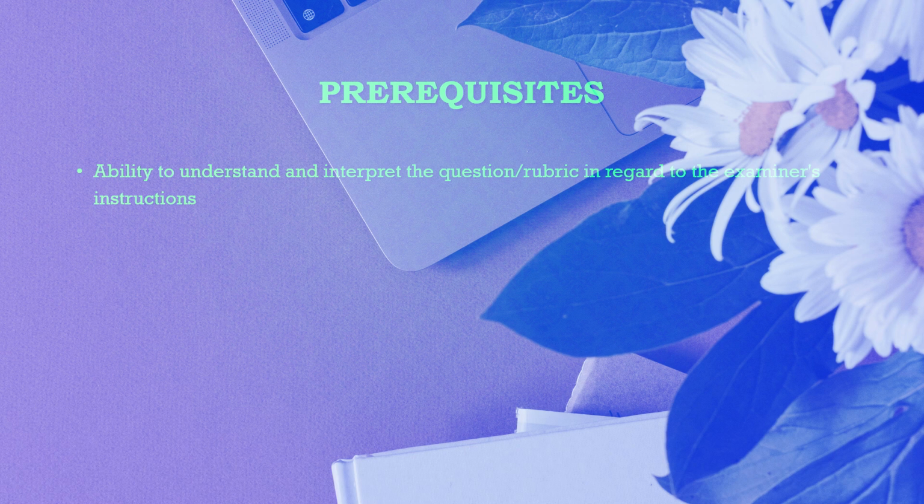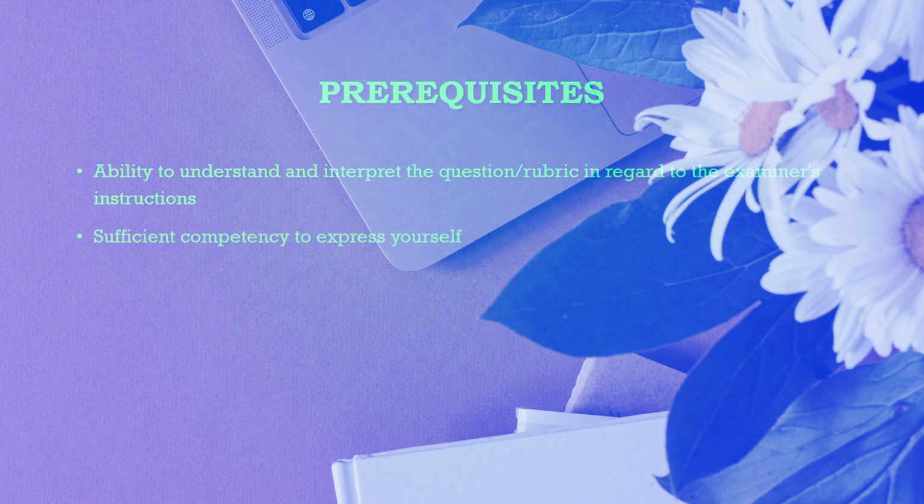In simple terms, it is a sentence or a phrase that is given as a startup. So you have to understand and interpret that question properly for you to be able to understand the examiner's instructions. The coming video shall deal with this subject matter, where we will take you through how we interpret the question or the rubric.